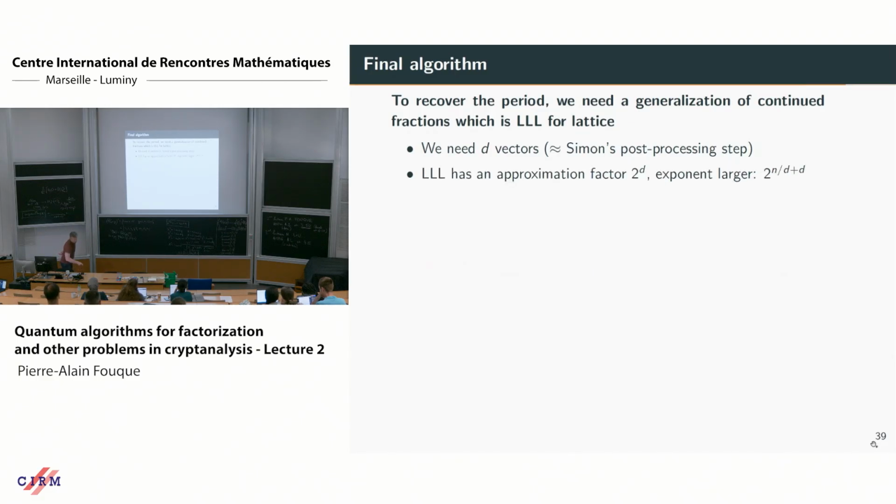However, LLL is not as efficient as in dimension 2. In dimension 2, lattice problems are very easy, but in higher dimension LLL is not as good as continued fraction, and so we lose some approximation here.